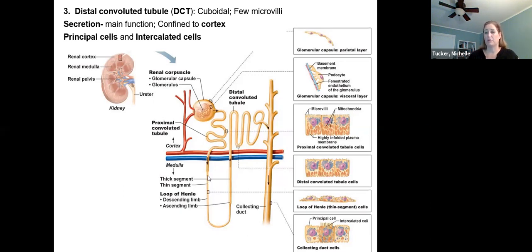Some are more cuboidal, some are more columnar. We even have some that are squamous. So smaller cells lead to a smaller limb, and we'll talk about their function next week. For now, just focus on the anatomy.